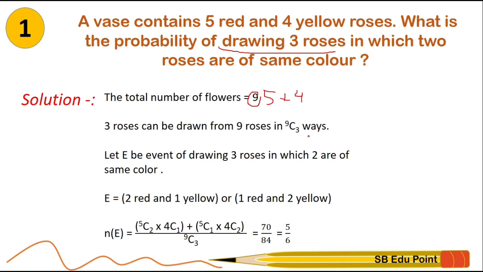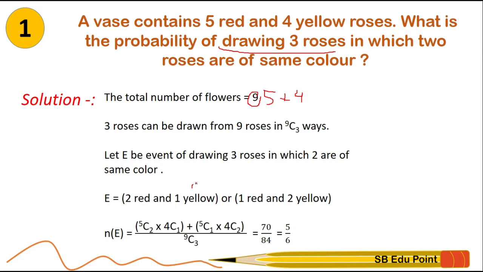Next, let E be the event of drawing 3 roses in which 2 are of same color. So this event, we have 2 possible outcomes. One, I can pick 2 red roses and 1 yellow, and in another case I can take 1 red and 2 yellow roses.